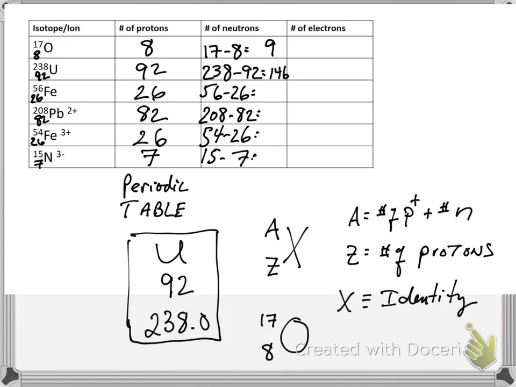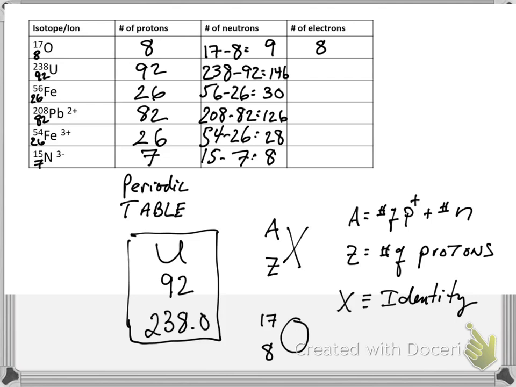Here we'd have 146 neutrons in uranium-238. 30 neutrons for iron-56. 126 neutrons for lead-208. 28 neutrons for iron-54. And 8 neutrons for nitrogen-15.